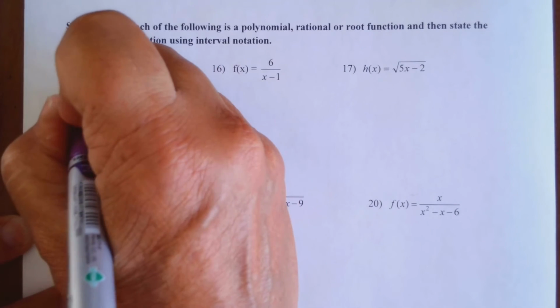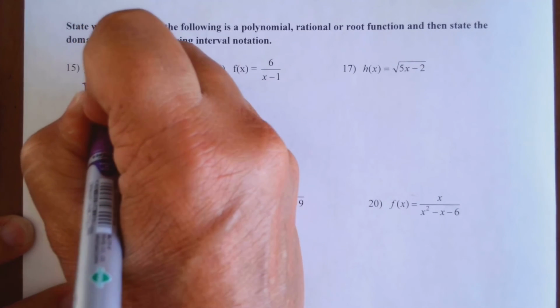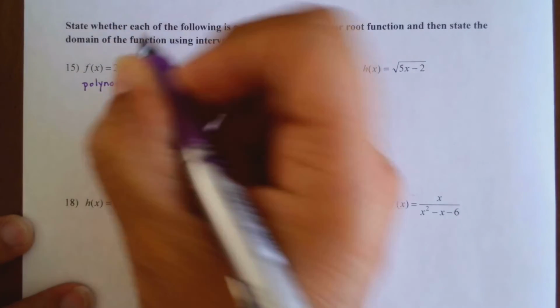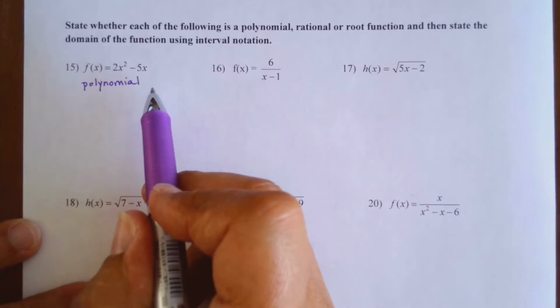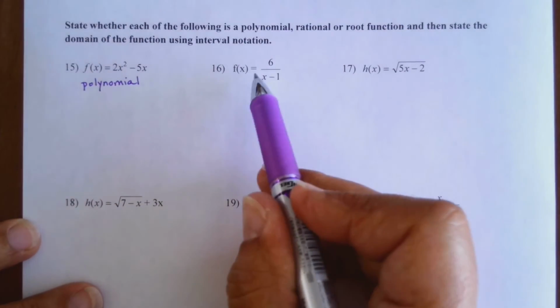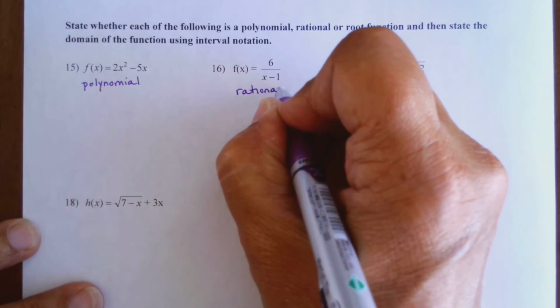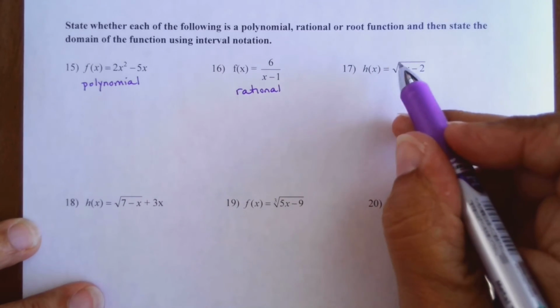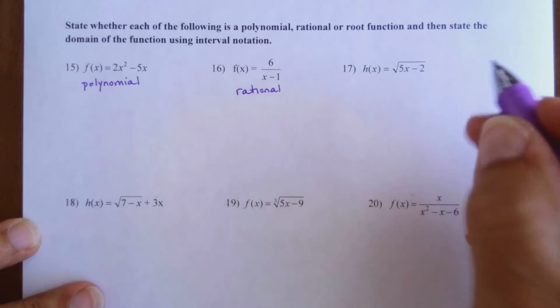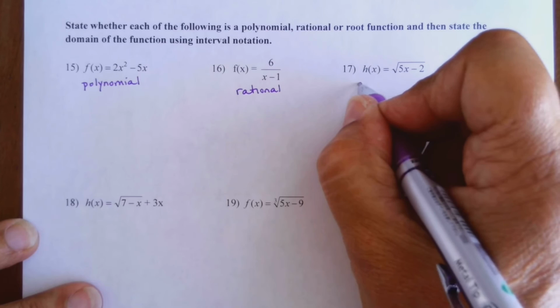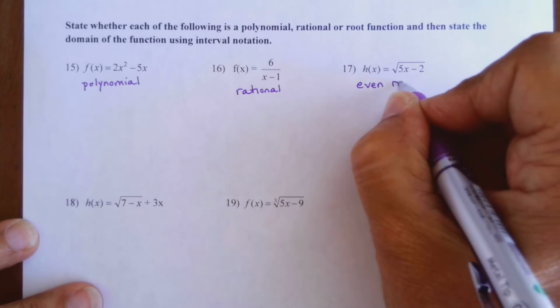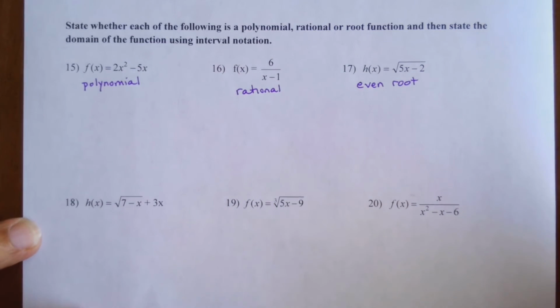So number 15, that's just a polynomial. That's when you just have a bunch of monomials tacked on together. Number 16, when you have a variable in the denominator, that's a rational function. Obviously, when you see a root sign, you know that's a root, and this is a square root, so not only is it a root, I'm going to say it's an even root, because they're different if they're even or odd.